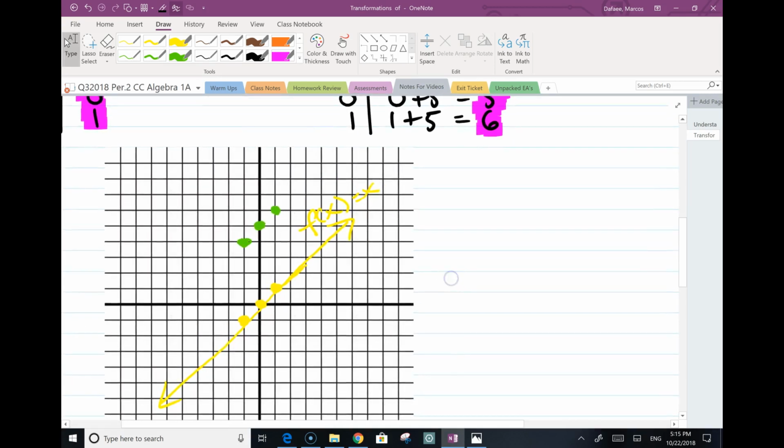So my line would look like this. Again, this is just a rough sketch. This would be my g of x is equal to x plus 5.